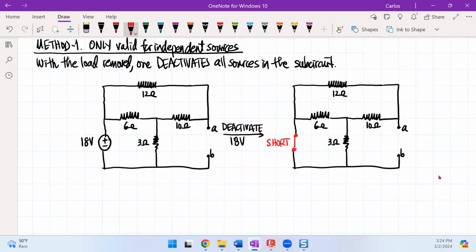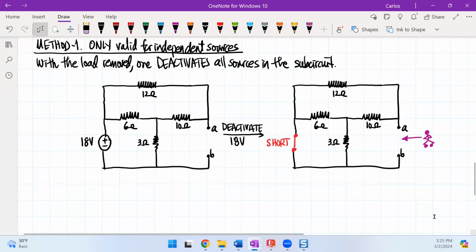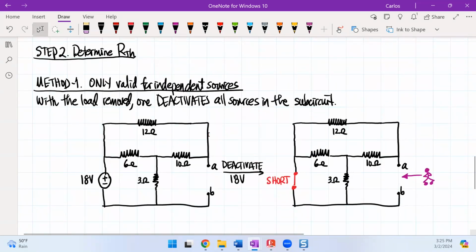So now, from the viewpoint of the load, I'm looking in between A and B as an observer, and I'm asking myself, what do I see from that viewpoint in terms of a resistance? So let's write this down.